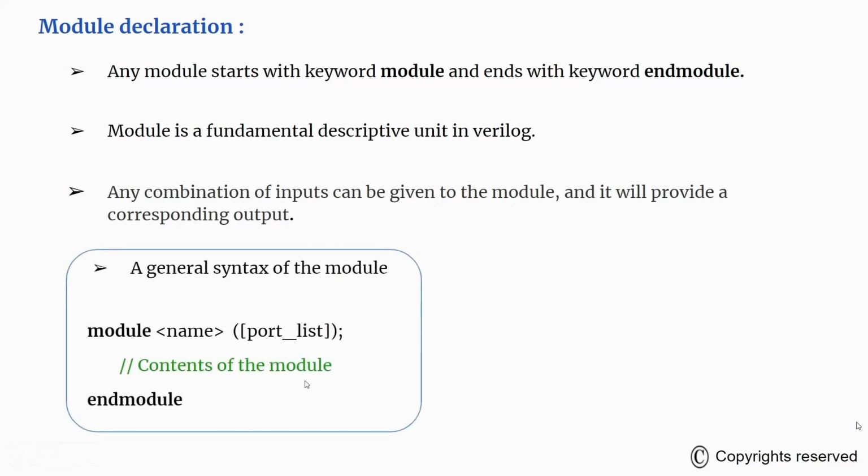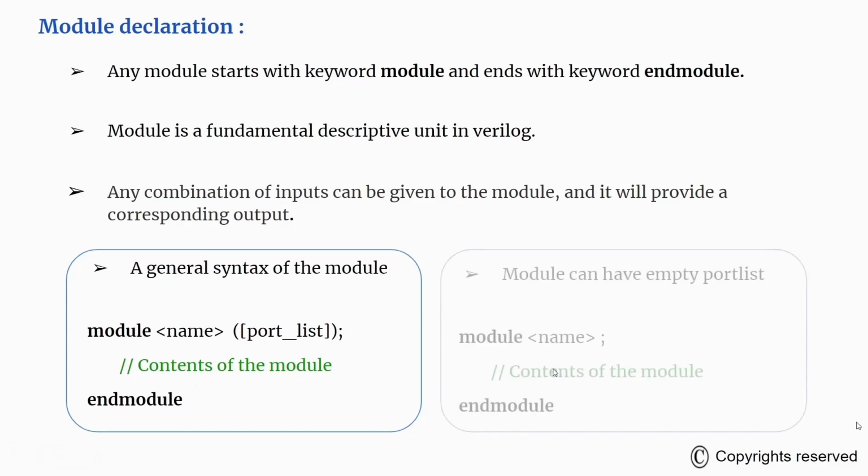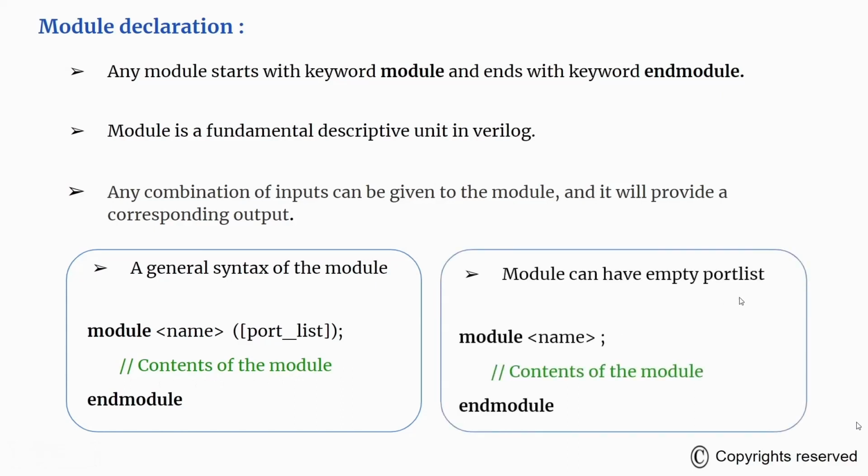This is the general syntax of a module. You begin with the keyword module and give a module name. You open the braces and begin writing the port list, and you end the module with endmodule. In between these two keywords, you will write all the contents of the module. A module can have an empty port list also.